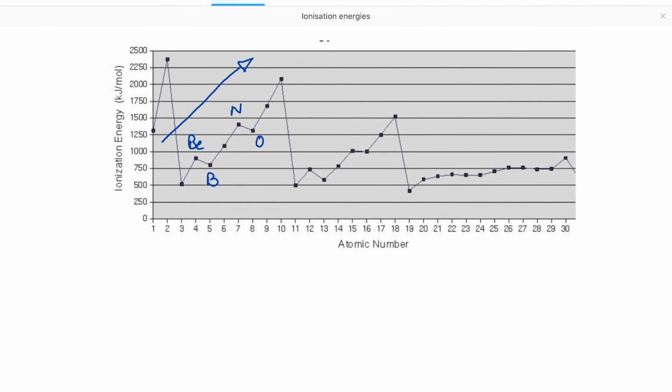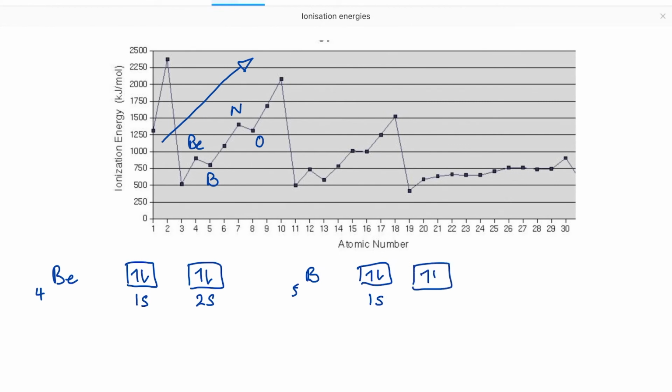Detailed electron configuration. Well, let's have a look at beryllium. So beryllium has got 4 electrons. We can write them in terms of detailed: 1s, 2s. If we have a look at boron, we've got 5 electrons. Hopefully now you can already see what's going to happen. We've got our 2s, and then that 5th electron is actually going into one of the 2p suborbitals.